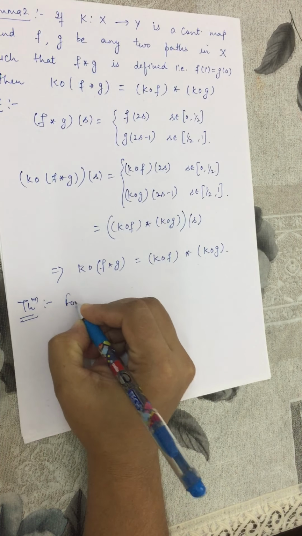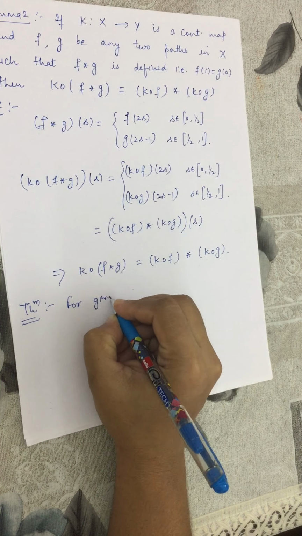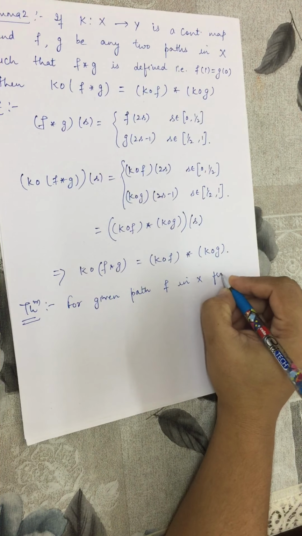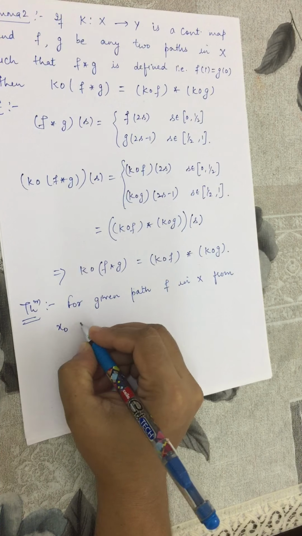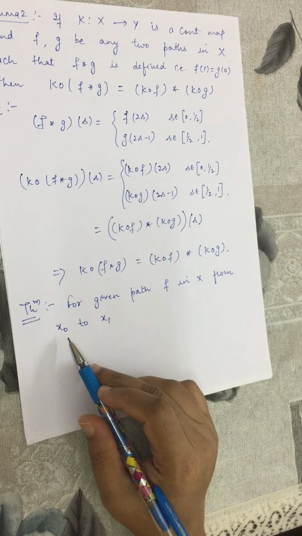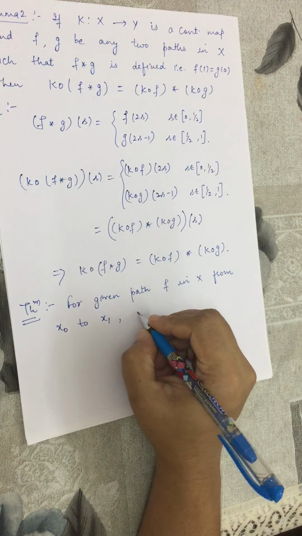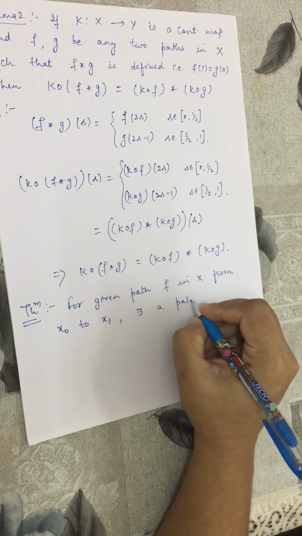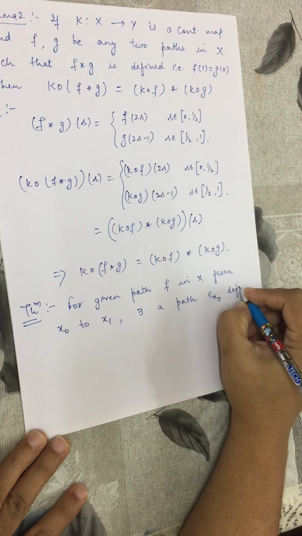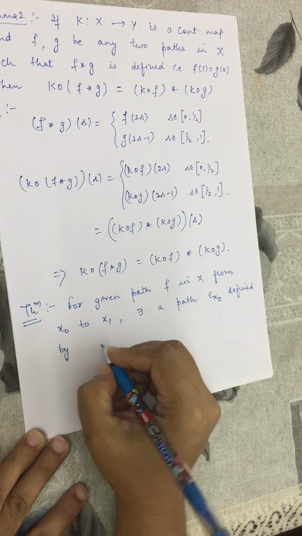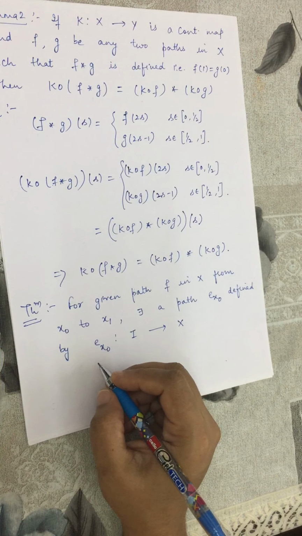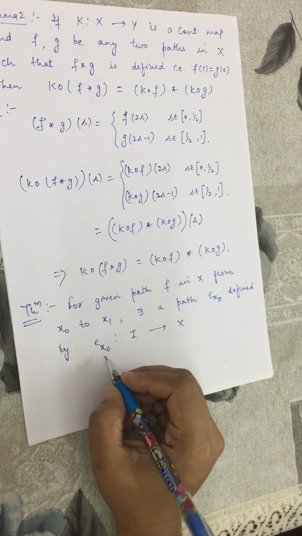So for a given path F in space X with endpoints x0 and x1, there exists a path e x0 which is defined by, e x0 is a symbol to write a function, a path.